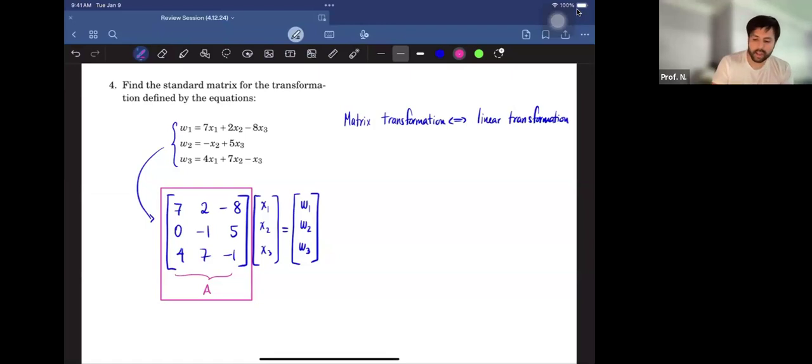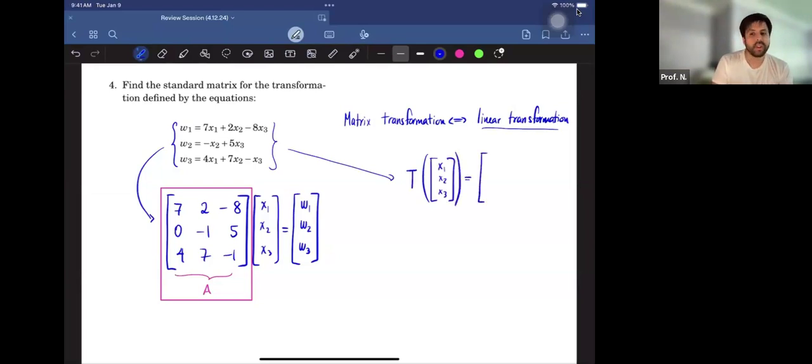Now, the reason why I suggested this understanding of linear transformation is this. You can look at it as some transformation taking the vector x1, x2, x3, and outputting another vector in R3 again.